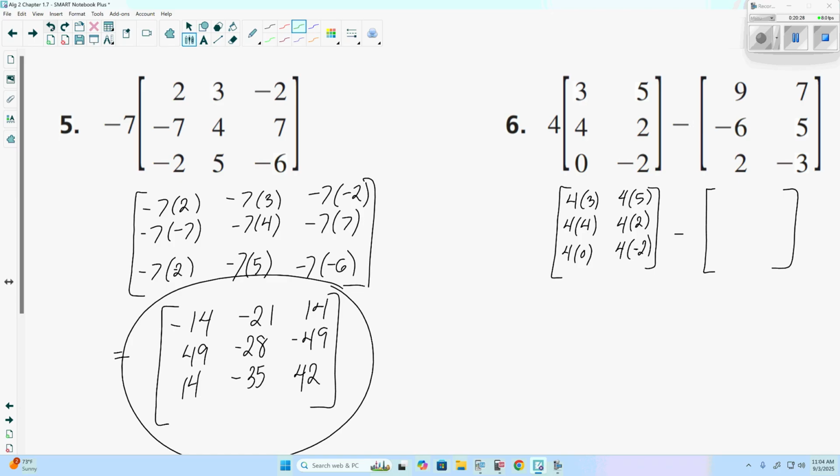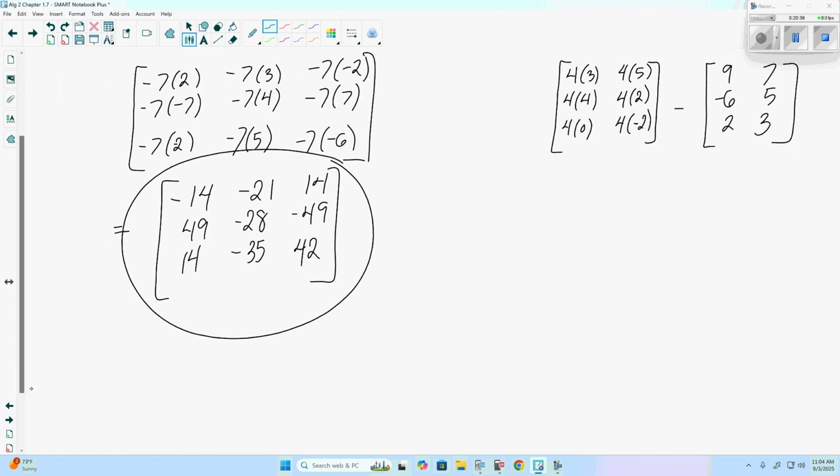But here there is no 2. We can just leave it as this here. Now we will multiply. So 4 times 3 is 12. 4 times 5 is 20. 16, 8, 0, negative 8.